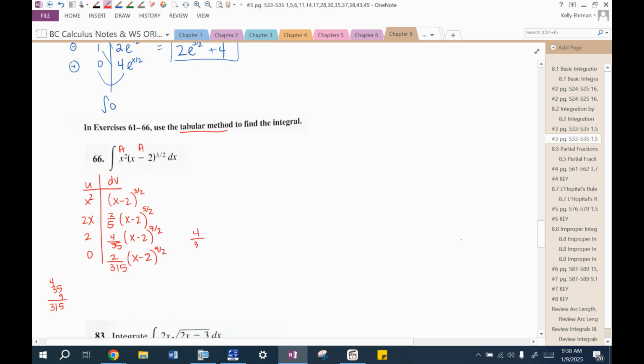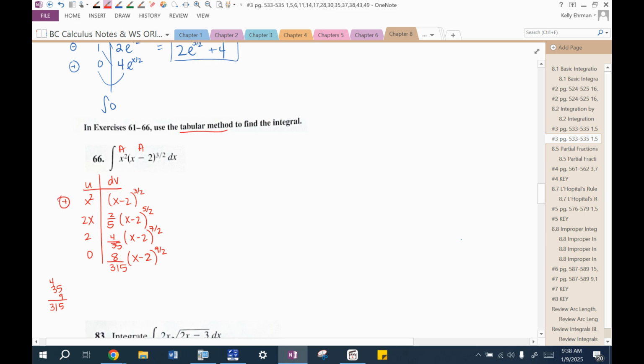Oops, that doesn't cancel. That's just 8. Sorry, 8 over 315. I should have written that down, but I was trying to be fast and I shouldn't have done that.